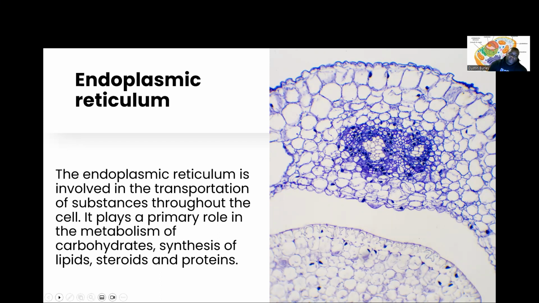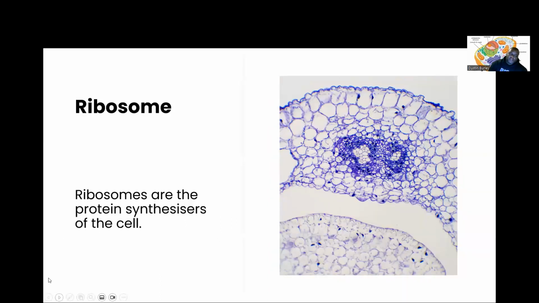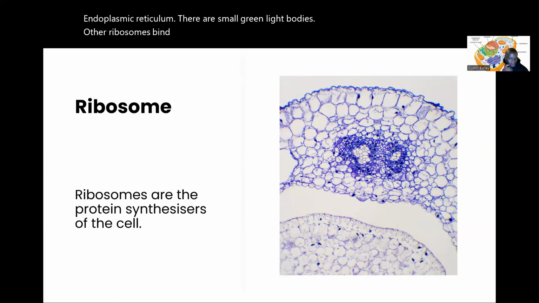Ribosomes are attached to the inner surface of the endoplasmic reticulum. They're small grain-like bodies. Other ribosomes are floating in the cytoplasm, which is that jelly stuff inside of the cell.